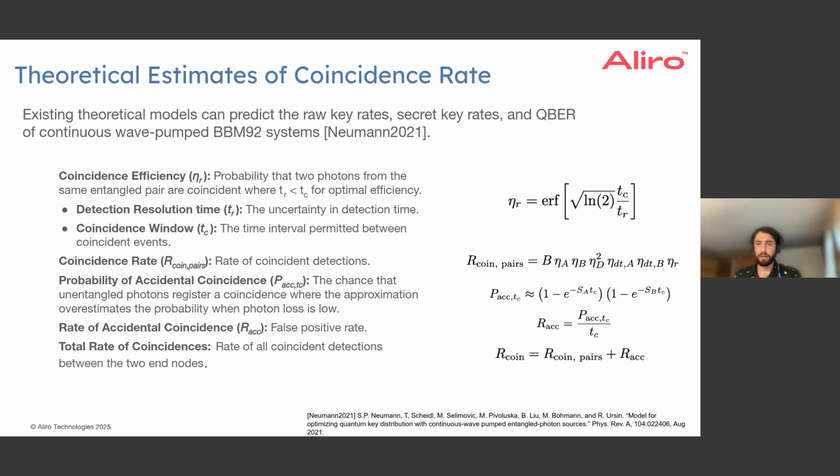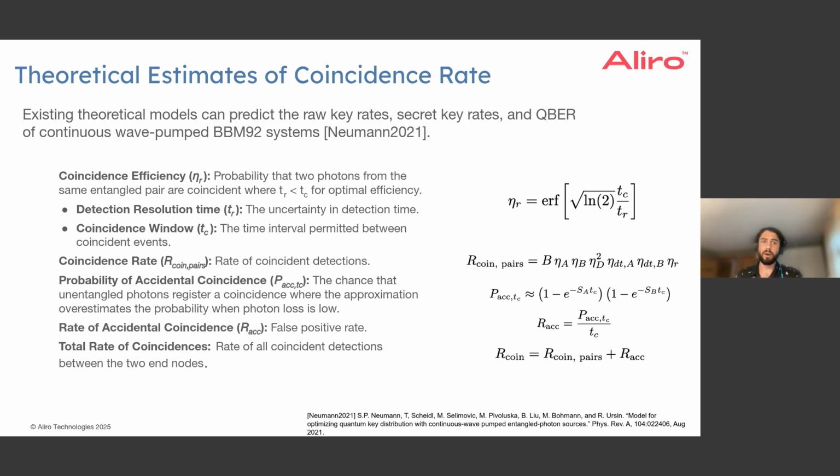So what they do is they take all those physical parameters and they first compute the coincidence efficiency given these two parameters, the detection resolution time and the coincidence window. Now, the coincidence window is something that you, the user or designer of the system, gets to set. This is how broad of an interval you can permit for two coincident events.